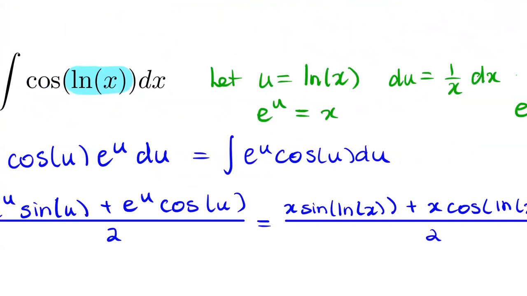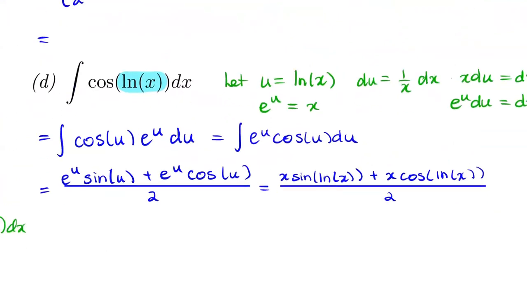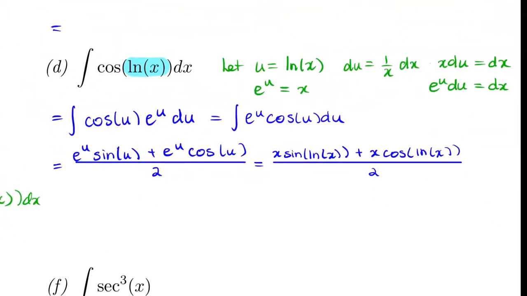So that's this integral here. Nothing too bad because it's an example that we've seen before, but we're just going to be applying something a little bit trickier, or something that might throw someone off.